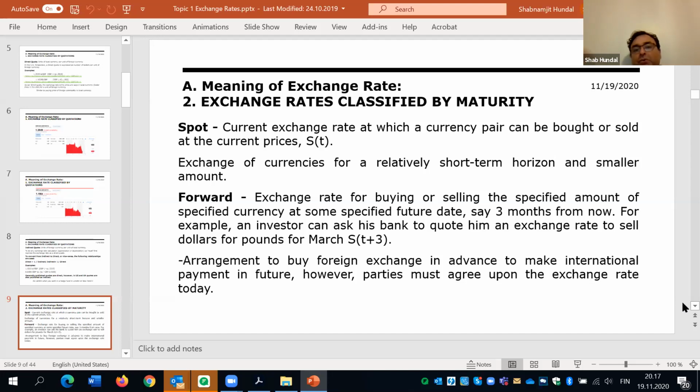All those quotes flashing on the screen are the spot rate. These are retail prices, the price at which you just pay and get. I call it S, the spot rate, or the value in the T period. T means right now, in the current period. So that value, which is prevailing currently, is called the spot rate.